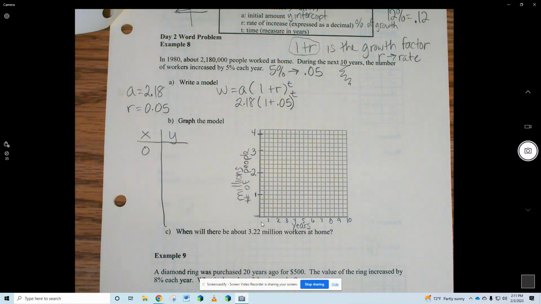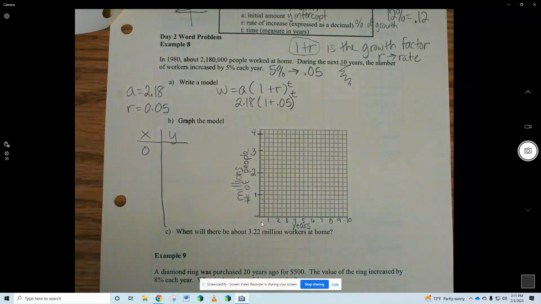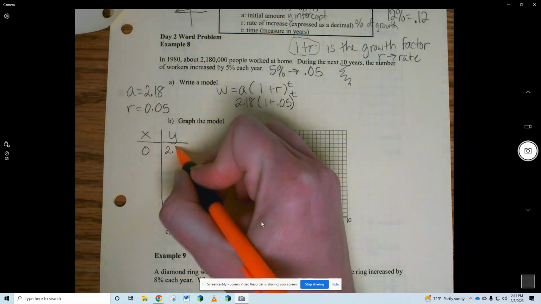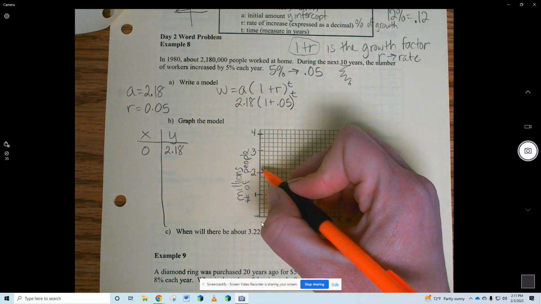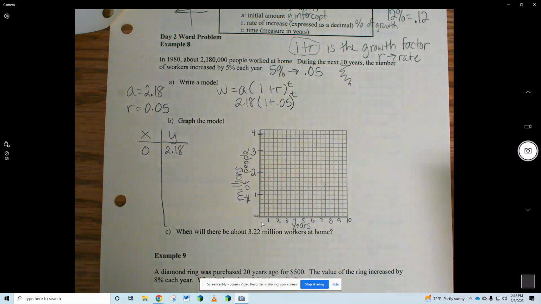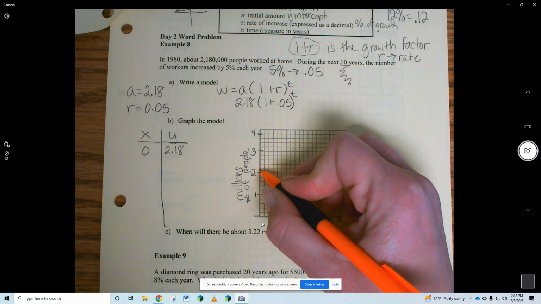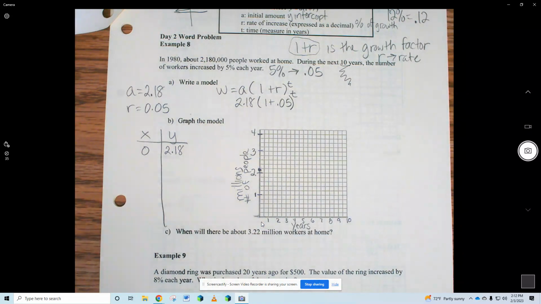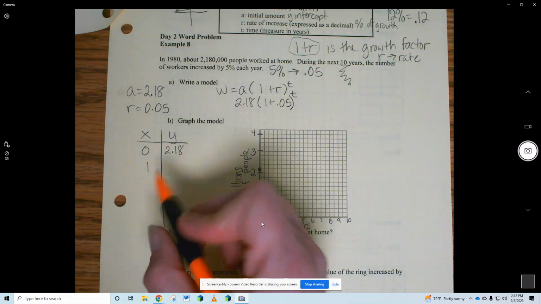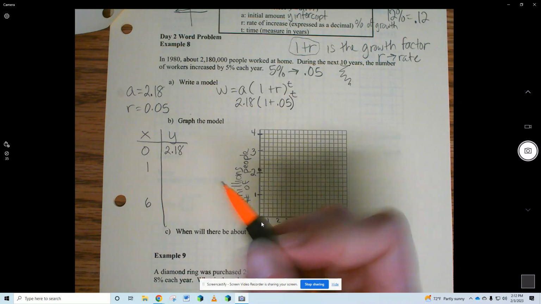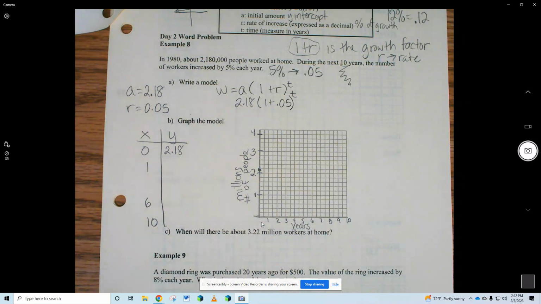What's my y-intercept again? 2.18, 2.1 million people. That means I'm going to start like up here, approximately my y-intercept. My graph starts up there. My other numbers I could do like 1 or 6 or 10. I'm not going to do them all. That would be ridiculous. Too much work. Just pick a couple numbers.